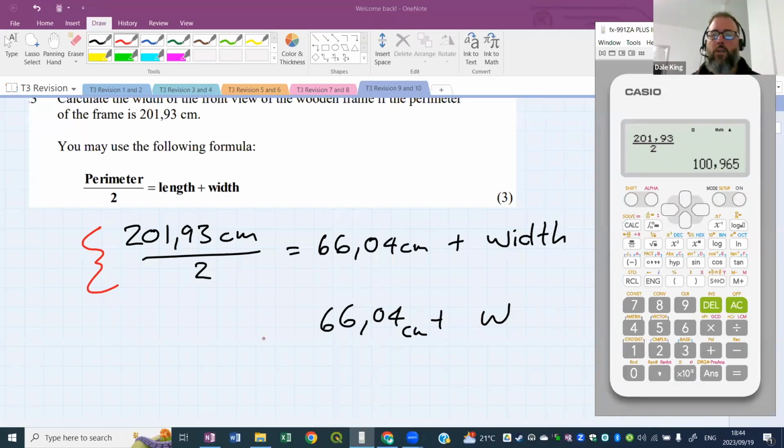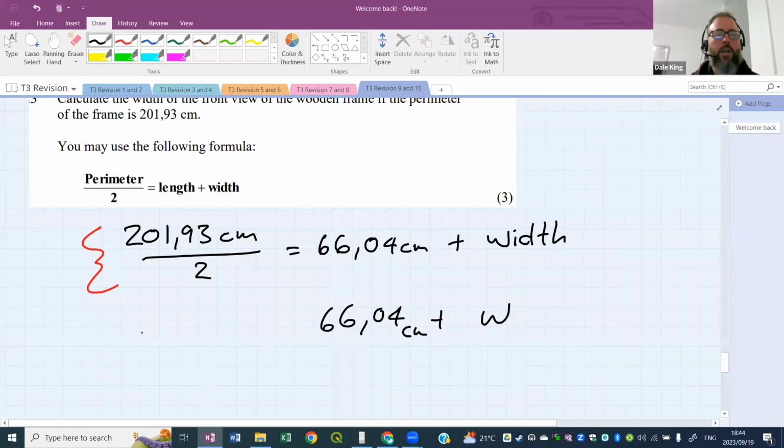That's 100,965. I've just taken the top fraction and made it more simple. So now I've got 100,965 is equal to 66,04 plus W for width.